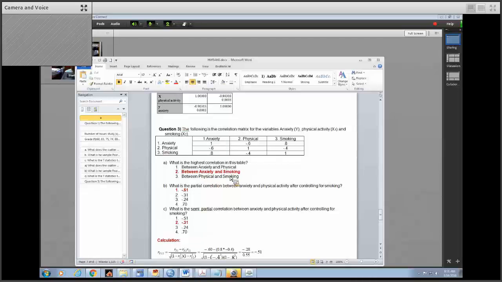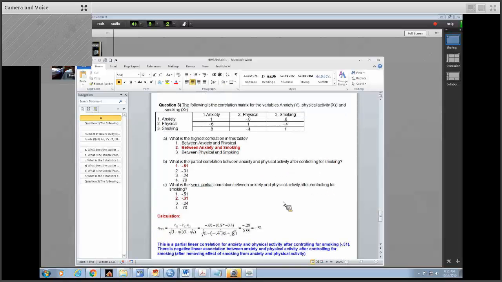Question 3: the highest correlation was between anxiety and smoking, which is 0.8. What is the partial correlation between anxiety and physical activity after controlling for smoking?